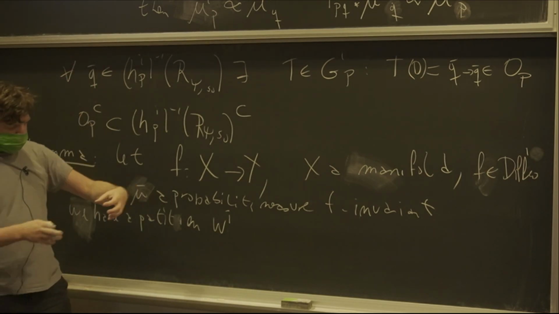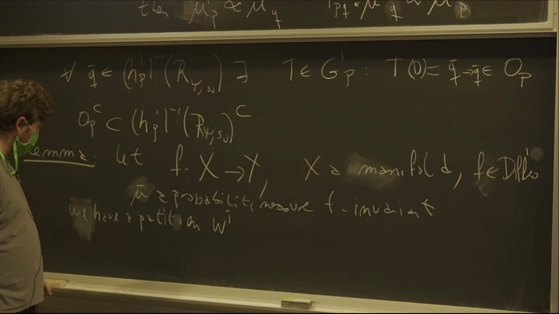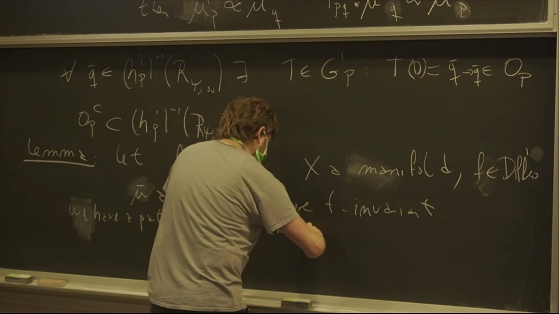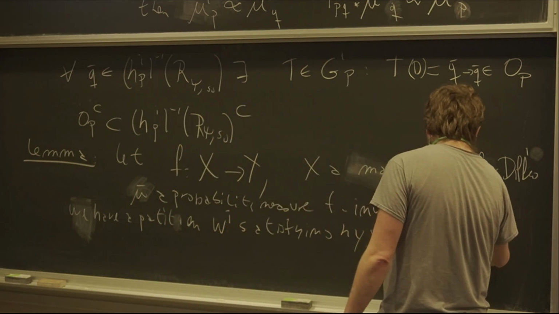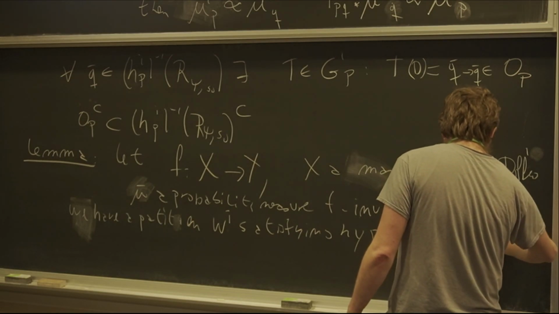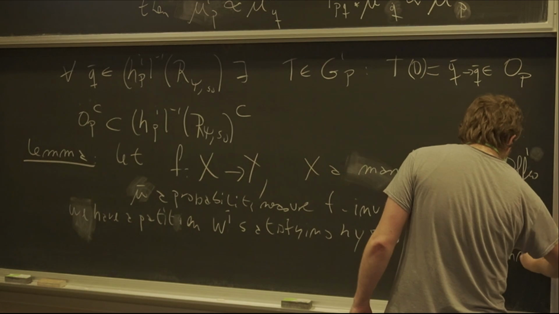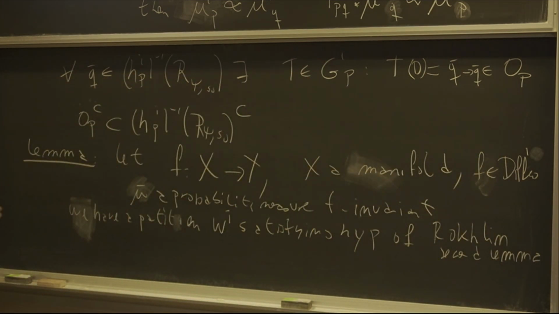So we want these box charts that allow us to do the things, satisfying the hypothesis of Rokhlin. Let me call it the second lemma. So the first is for the standard Rokhlin, the second is for the big guys.